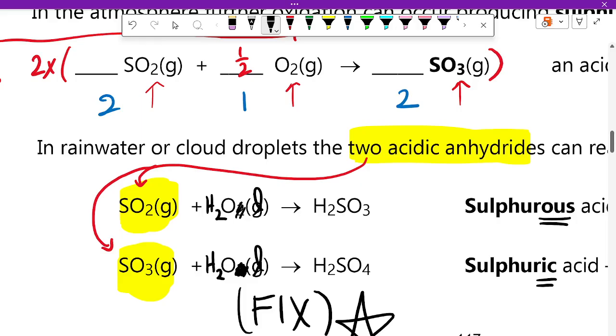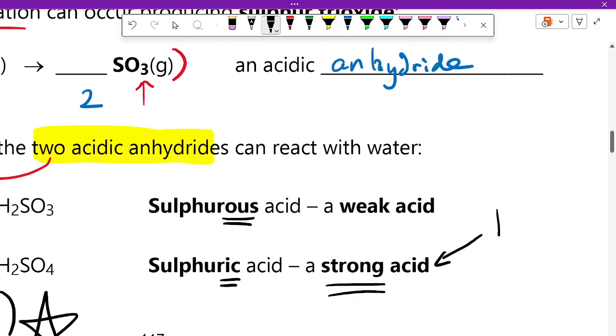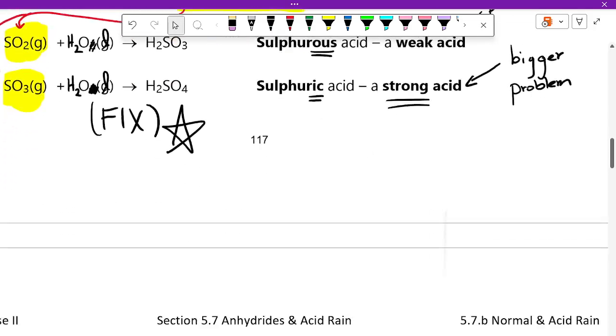Which one do you think is the bigger problem? Sulfuric acid, because it is strong. Okay? So this is the bigger problem. Not that H2SO3 is a small problem, because it is actually a relatively strong weak acid. So this is a problem, and this is a bigger problem.